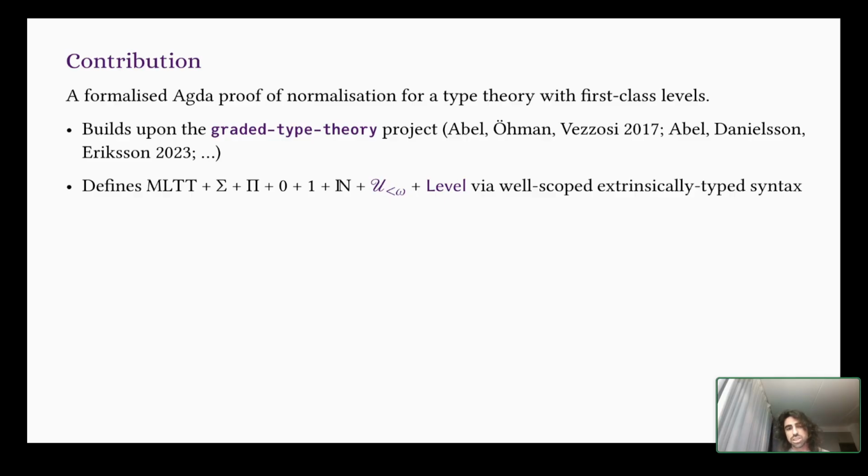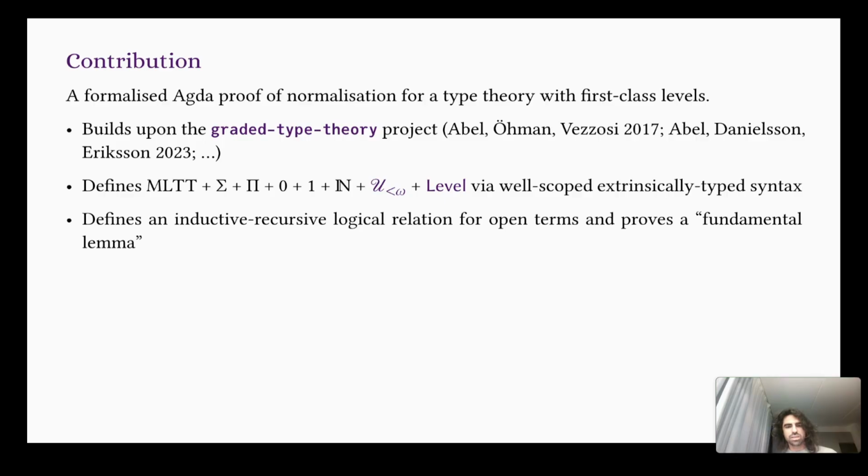And our addition is a countable hierarchy of universes and a type of levels, such that the universes are indexed by the levels. And we use extrinsically typed syntax because that seems to be the more convenient approach at the moment, to avoid having to deal with transports.